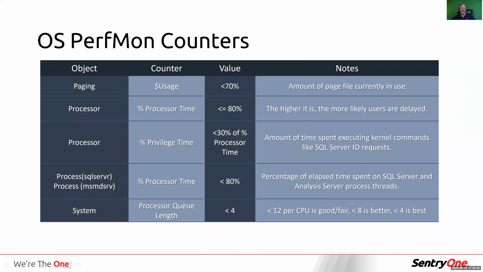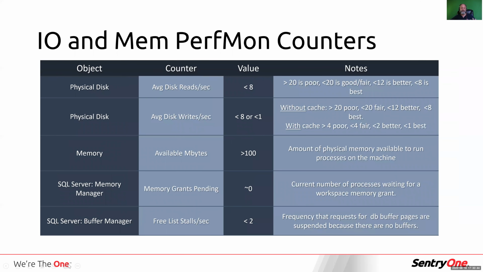I've got a list of counters for you here in the slide deck to keep track of, and some recommended values for what they should be in general, right? Kind of rules of thumb. So for example, if you have SQL Server Memory Manager, your memory grants pending should be 0.